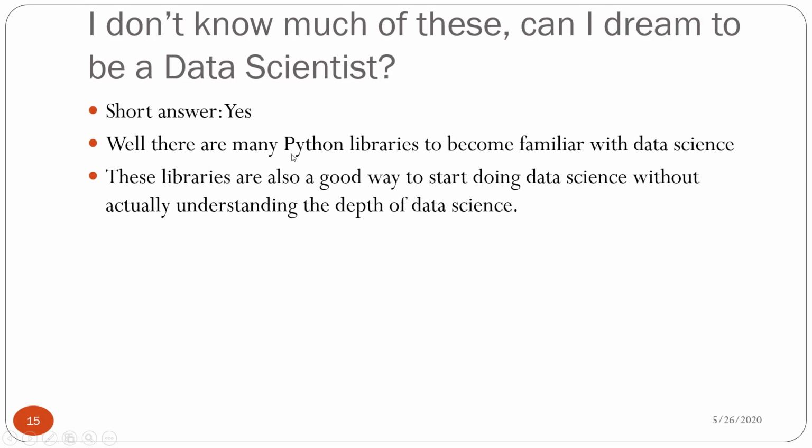The good news is about the libraries that we have available. So in Python we have a lot of libraries available in which we will have the implementation of these algorithms, which are very handy in data science. So you won't have to reinvent the wheel.